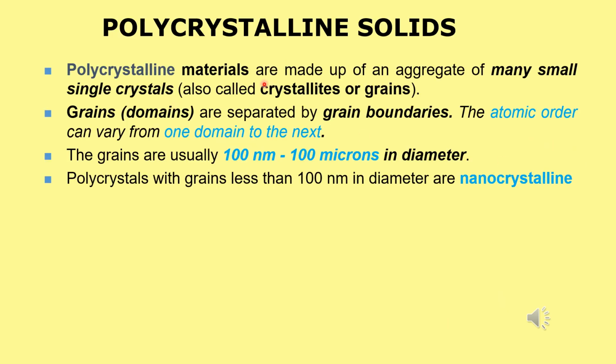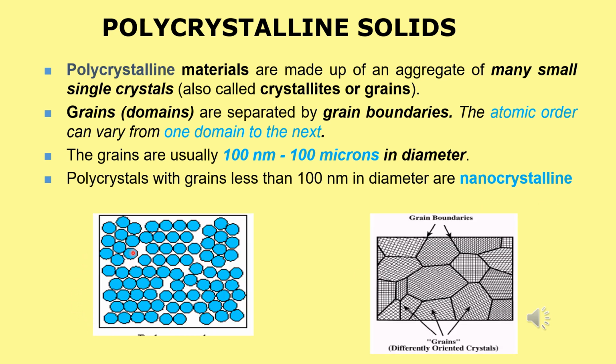In the case of polycrystalline material, it is an aggregate of many small single crystals, sometimes known as crystallites or grains. Grains are separated by grain boundaries, and the grains are usually in the range of 100 nanometers to 100 micrometers. If the grain size is less than 100 nanometers, then we call these materials nanocrystalline materials.